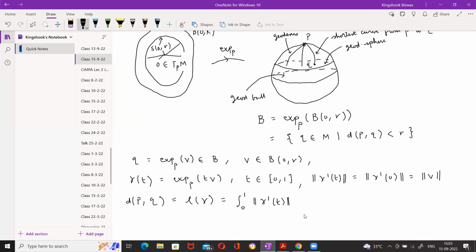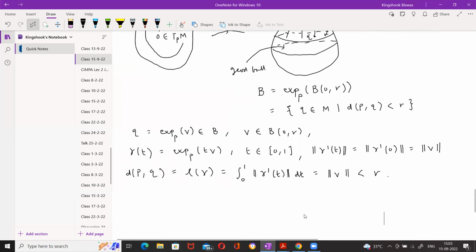And norm gamma prime t is constant, equal to norm V. So this integral is just norm V, right? Which is less than R. So that means Q belongs to the metric ball B(P, R).